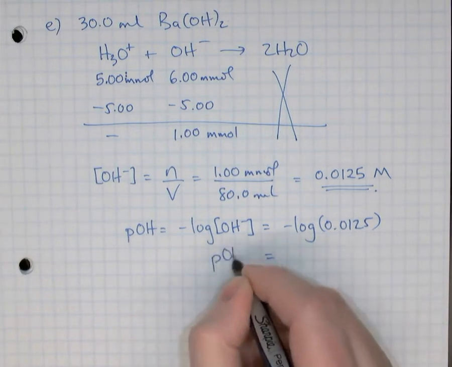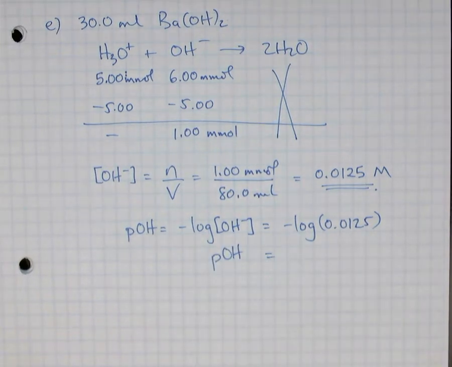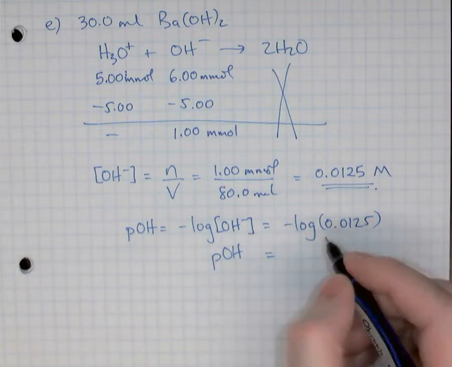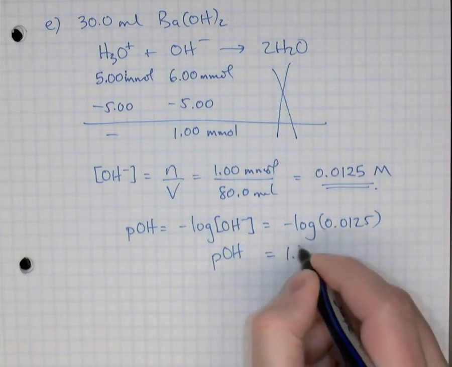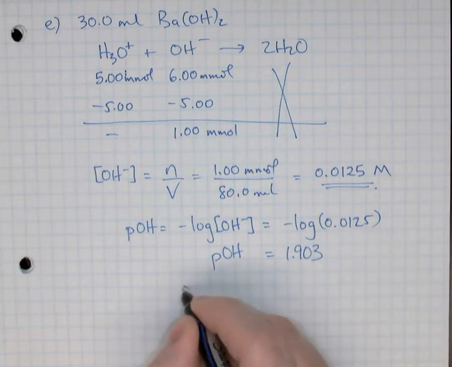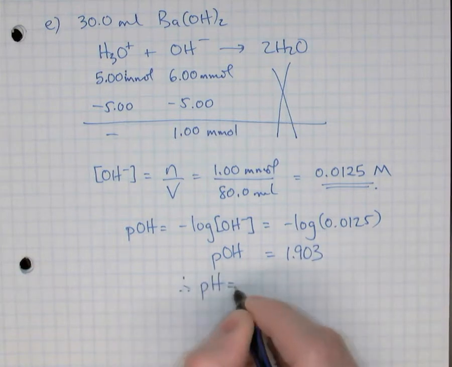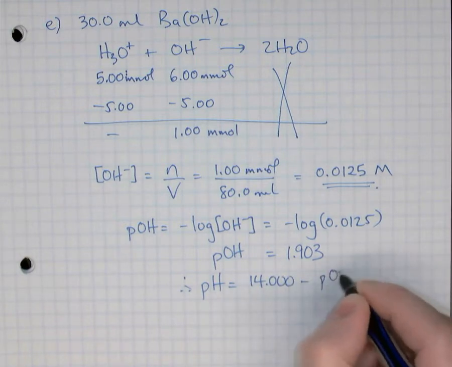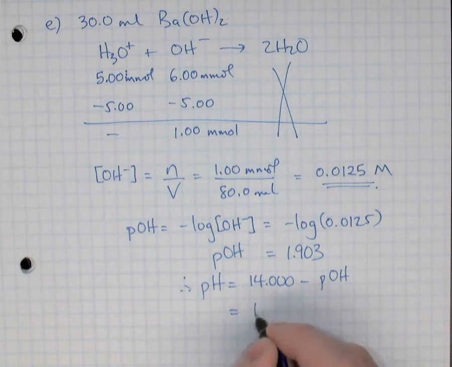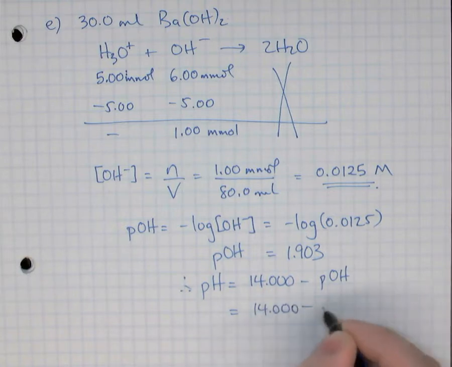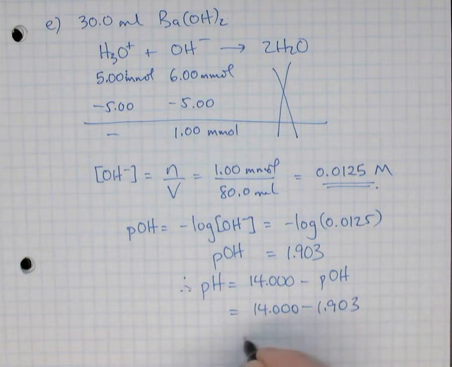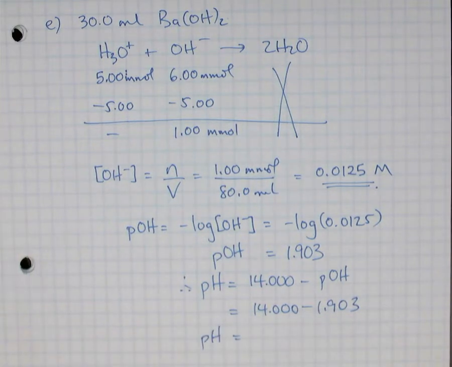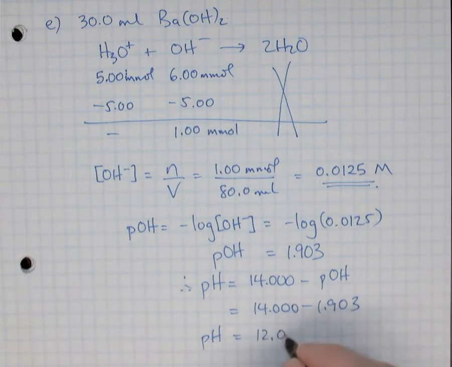So the pOH is 1.903, and that means our pH is 14, the pKw, minus the pOH, which is 14 minus 1.903. We get a pH, as expected, that's high, above 7. It's 12.097.